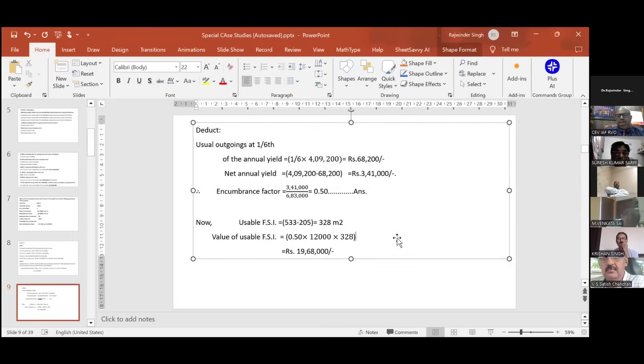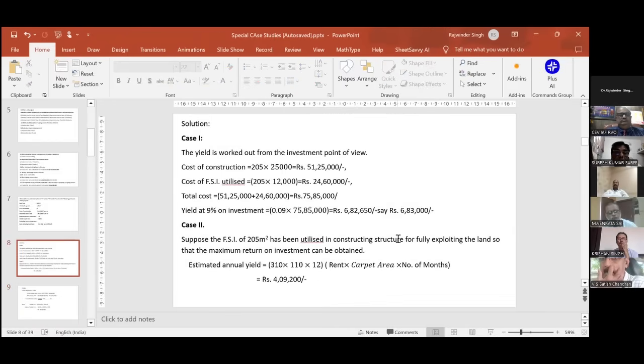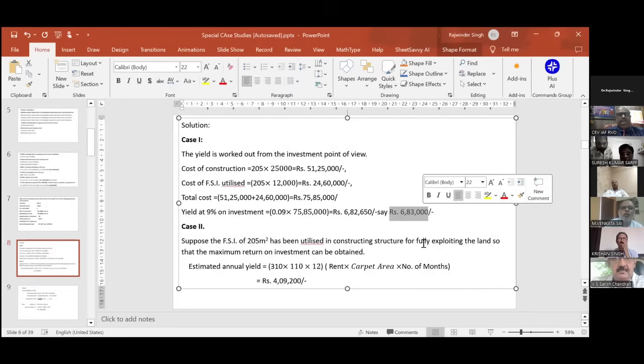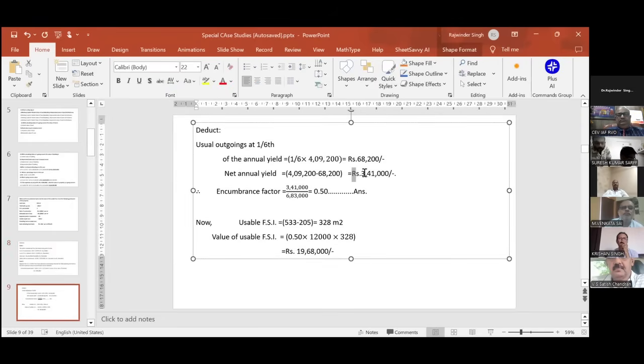So see here, from investment point of view, he has invested 6,83,000. And he will be getting from the rent 3,41,000. So encumbrance factor is 3,41,000 divided by his investment.